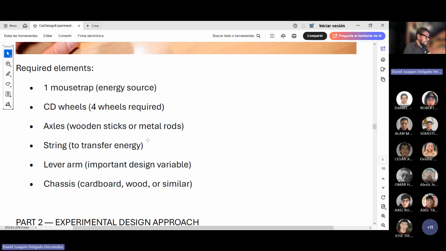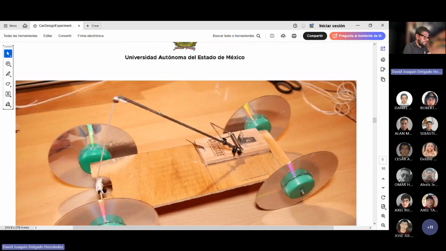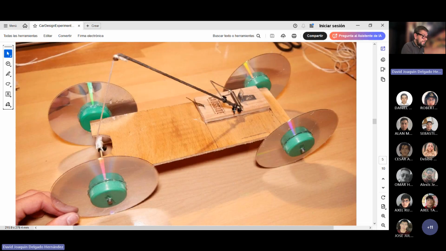For instance, the lever arm, which is this part of the car, this straight line you can see. You can play with the length. You can have 20 centimeters, 30, 40, and so on. You can also play with the length of the car.